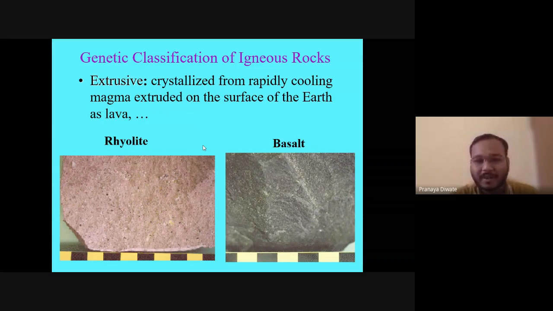So obviously, when the interior of the Earth has a temperature higher than the surface temperature, whatever material comes from the Earth will not cool down rapidly. It will cool down very slowly.